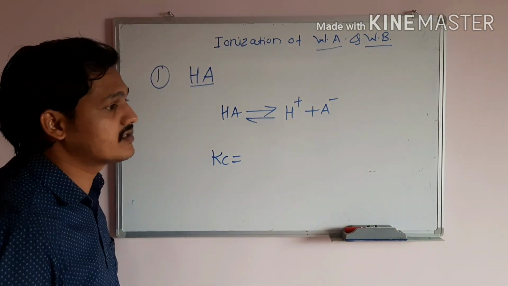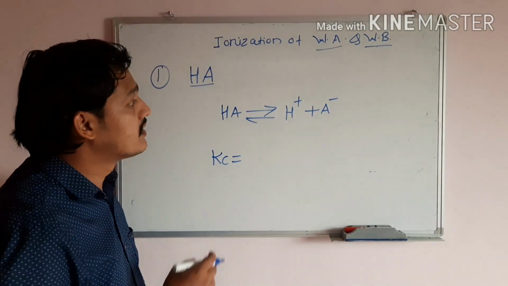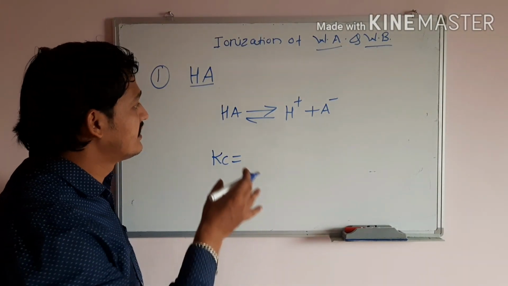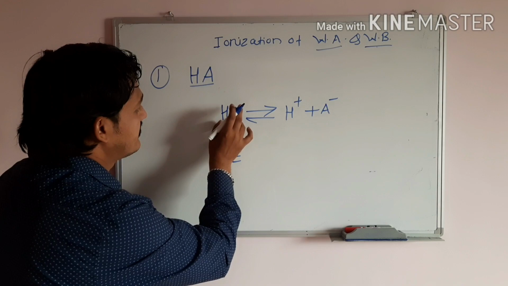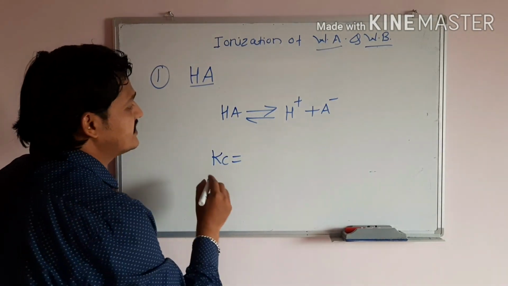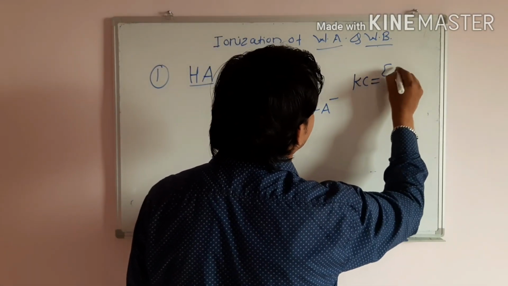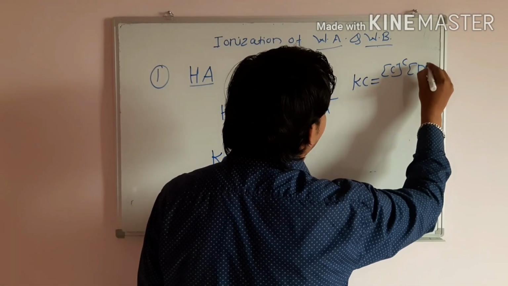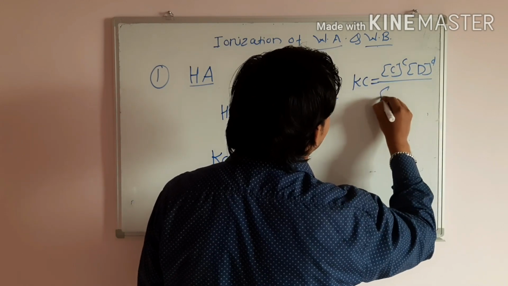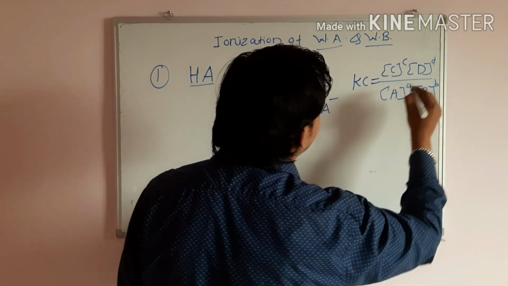What does the law of mass action say? The rate of reaction is directly proportional to the concentration of reactants. So how to write Kc? Point to remember: Kc is equal to C raised to c, divided by D raised to d, divided by A raised to a and B raised to b.